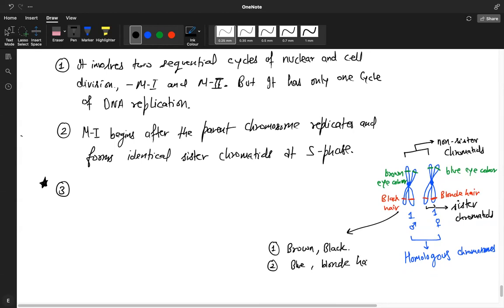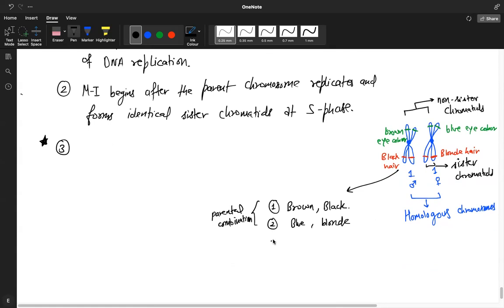Now, in these two combinations, do you see anything different from the parents? No. Both of these are parental combinations. No variation.